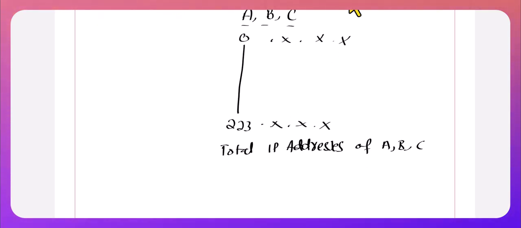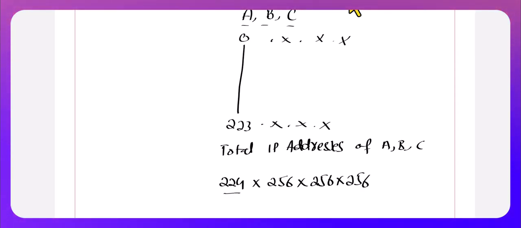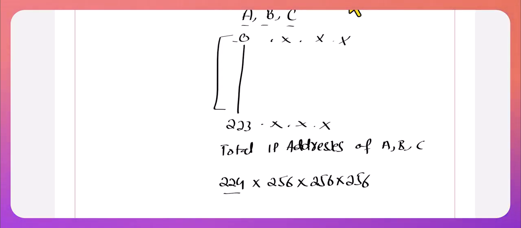In order to find the total number of addresses, we use this formula: 224 multiplied by 256 multiplied by 256 multiplied by 256. This 224 comes from here: from 0 to 223, it is equal to 224. From 0 to 255, the start is 0 and the end is 255, so this is equal to 256.